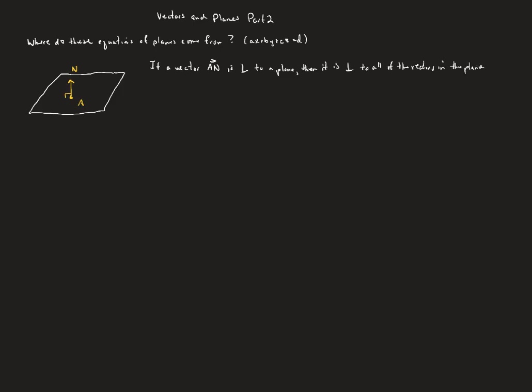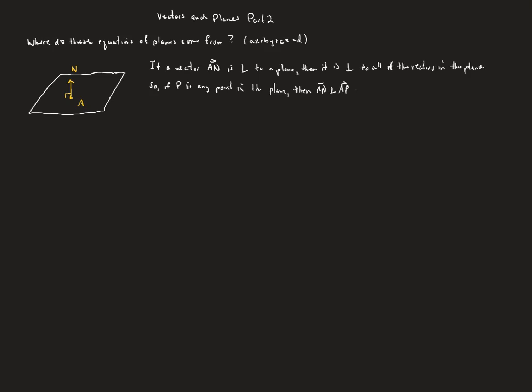But remember, that vector is movable, so we can slide that around, and any vector that you draw that's completely contained in that plane is going to be perpendicular to the vector n. So if P is any point in the plane, then it must be true that vector n is going to be perpendicular to vector AP.